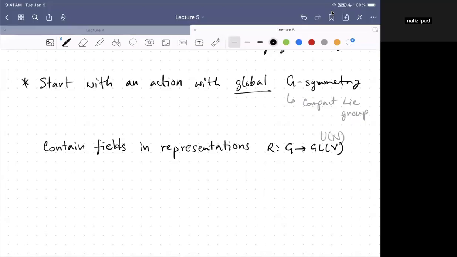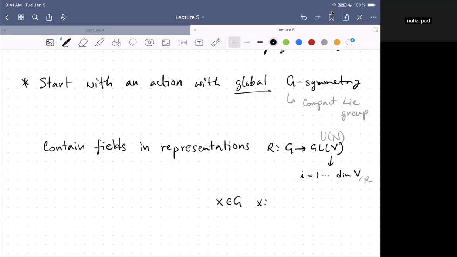And so let's say that we label the components of vectors belonging to V with I, that goes from 1 to the dimension of this representation, or dimension of V. So we can call the dimension of V, or we can call the dimension of R. It's the same thing.